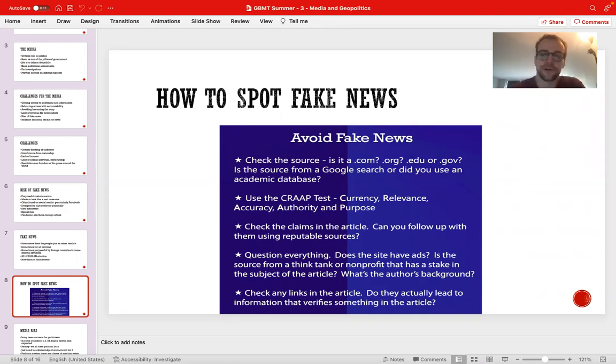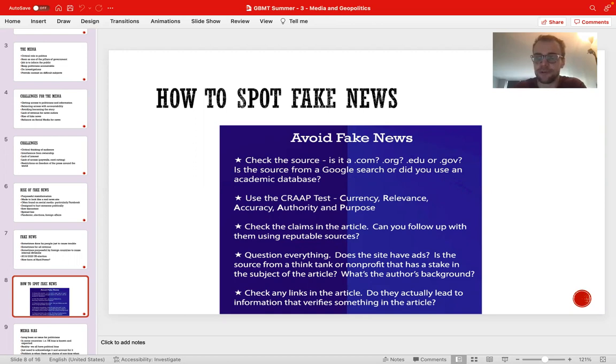So often we're looking for websites that have .com, .eu, .org, .gov, and we want to look for sources like this, and not, for instance, one that's ending in Montenegro, Macedonian, Ukrainian, etc. sources, right?